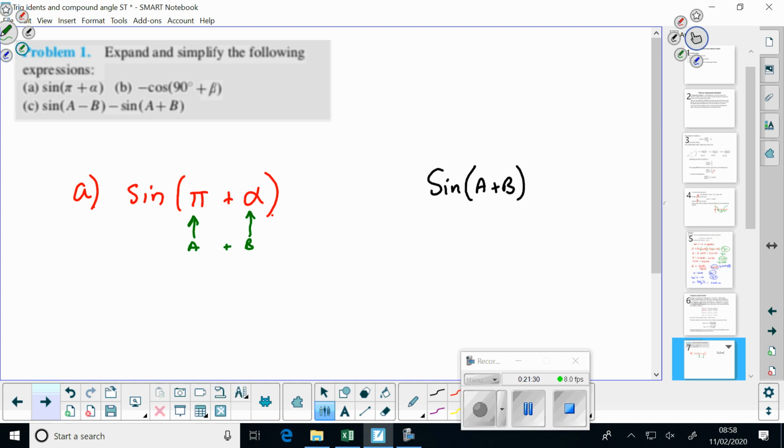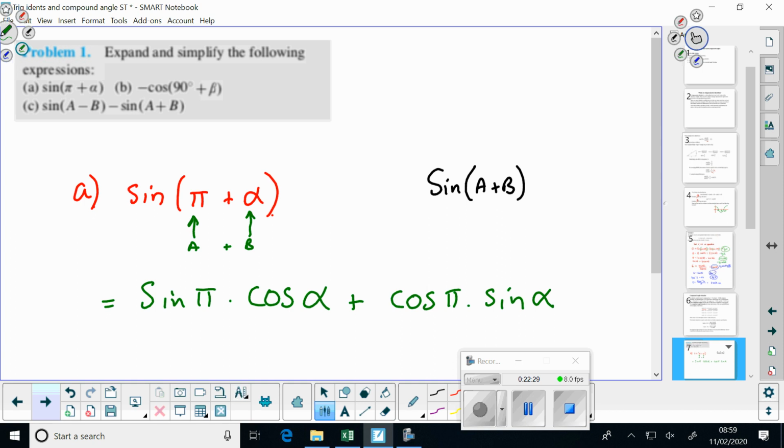So sine A plus B: sine pi times cosine alpha, plus cosine pi times sine alpha.